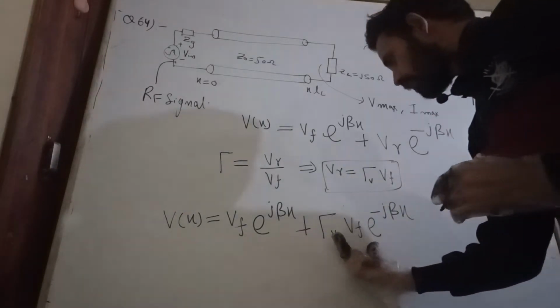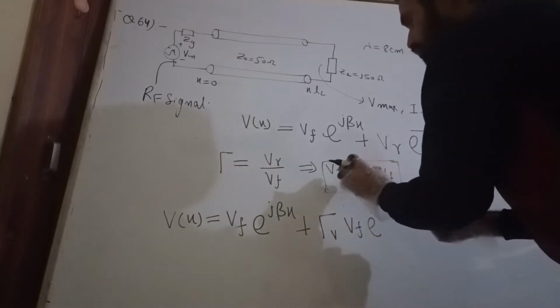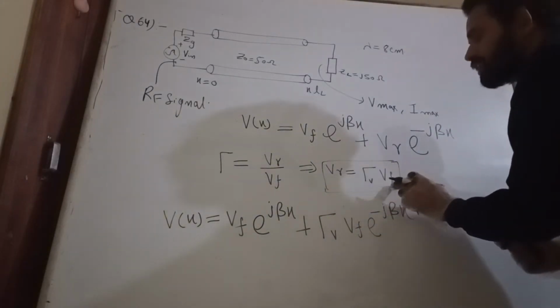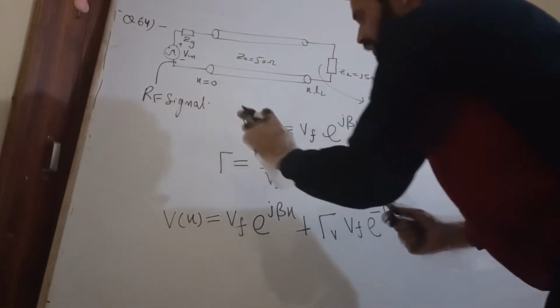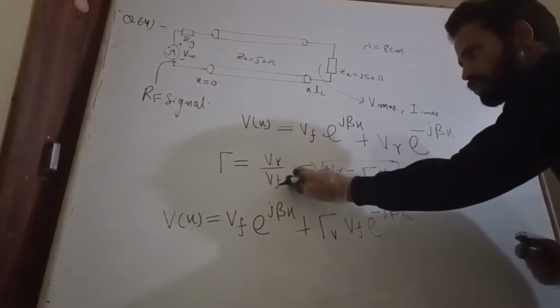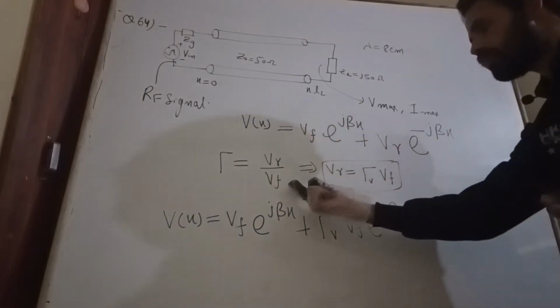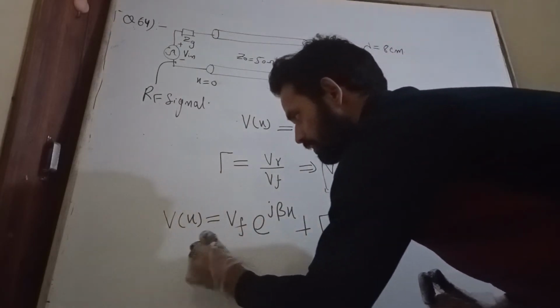We have just written the reflected voltage in terms of forward voltage, since the reflection coefficient is the ratio of reflected voltage upon forward voltage.